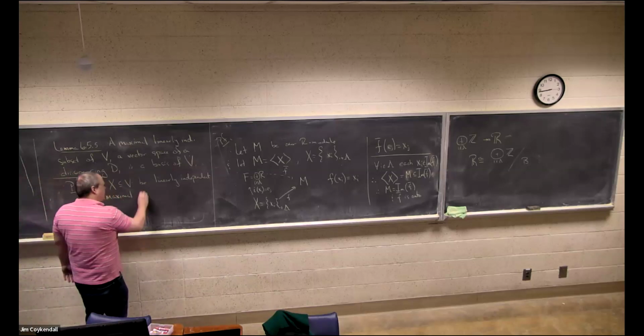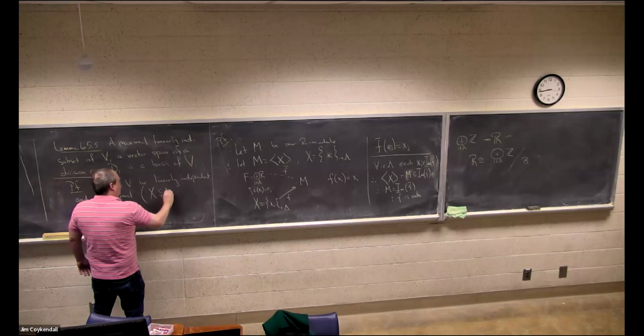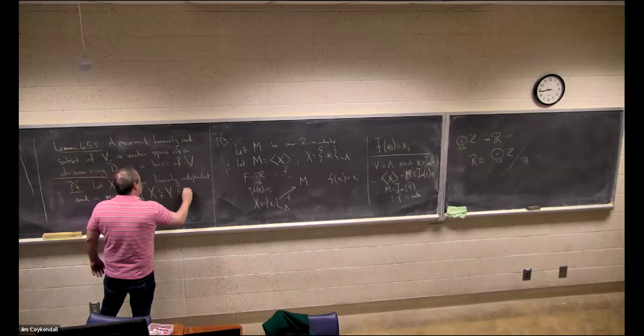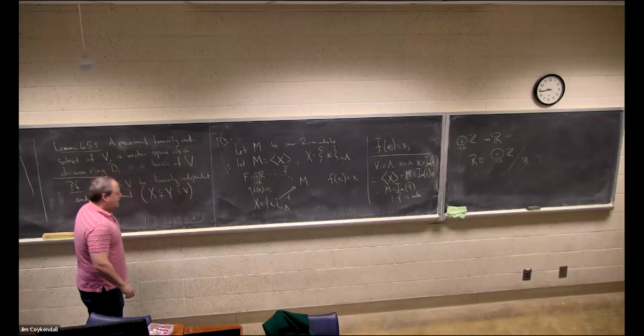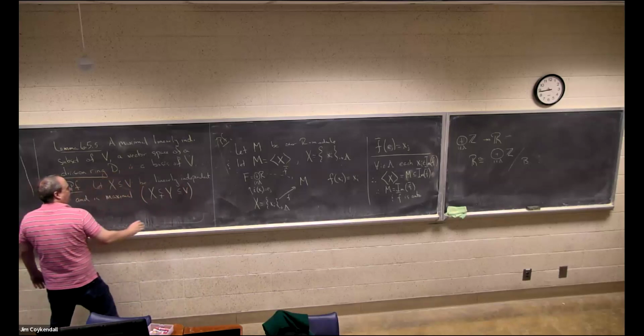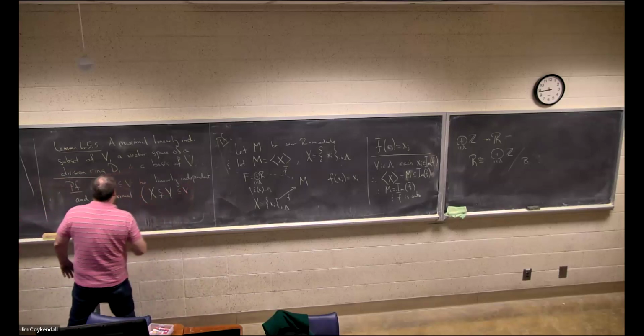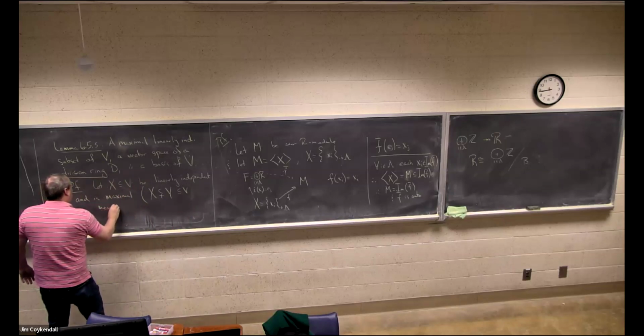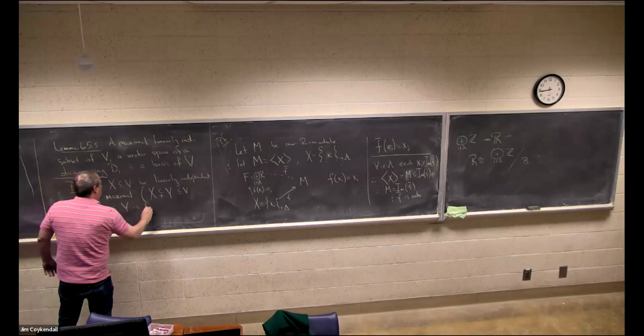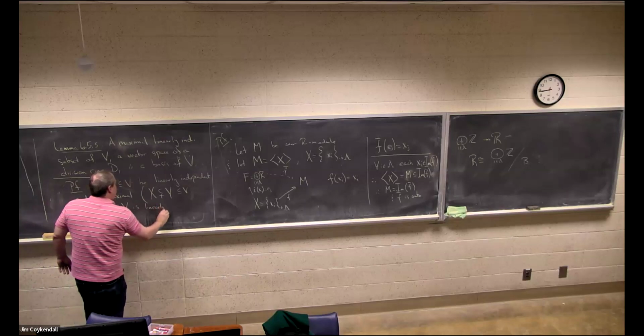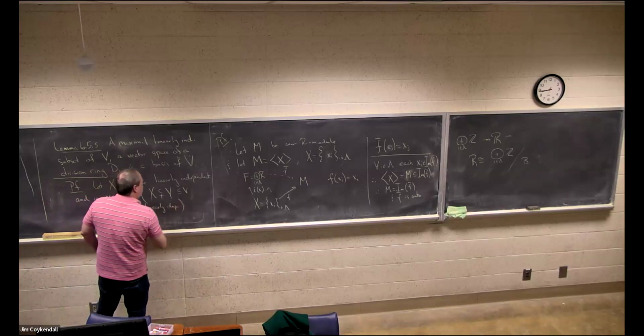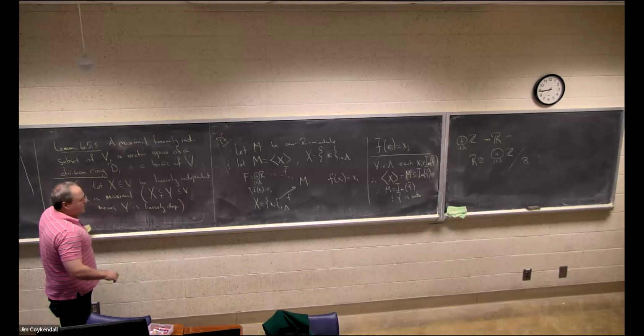Let me make that word absolutely clear. If you have another subset Y of B that properly contains it, then Y is linearly dependent. That's what it means to be maximal.